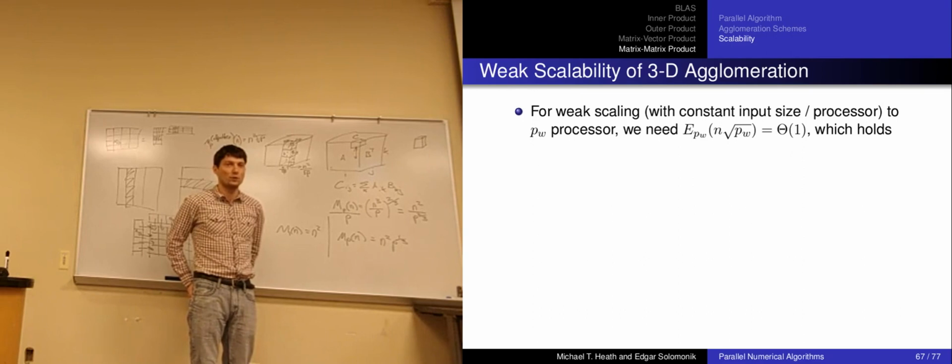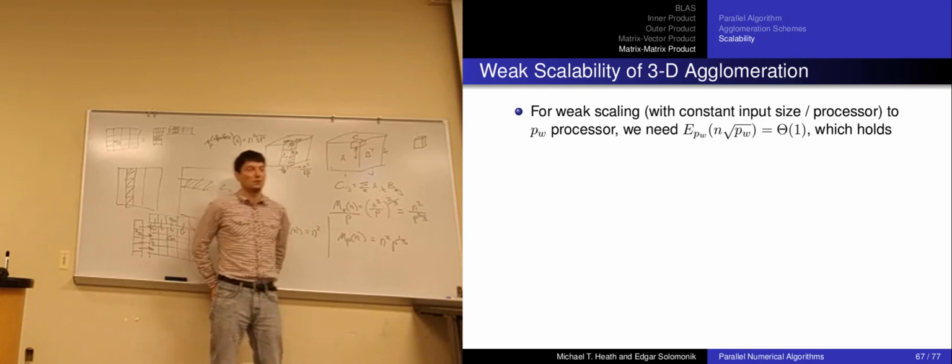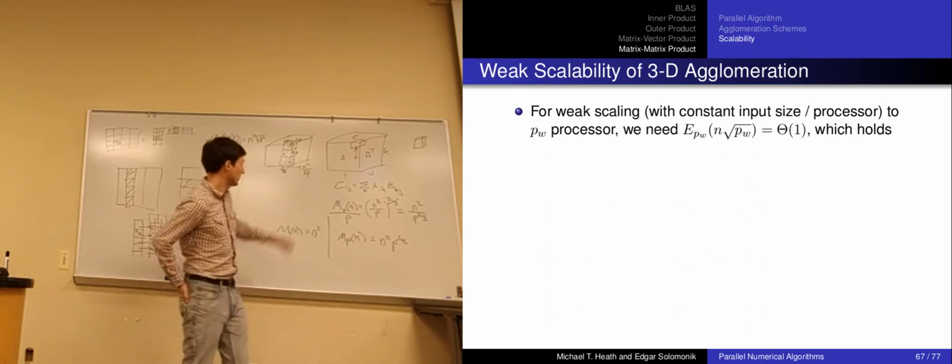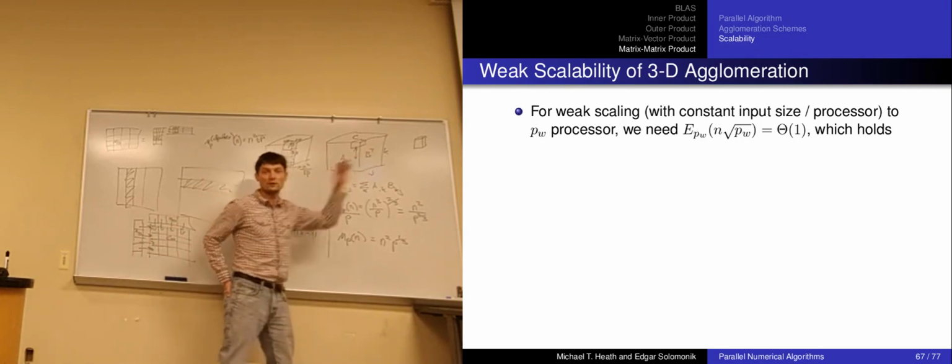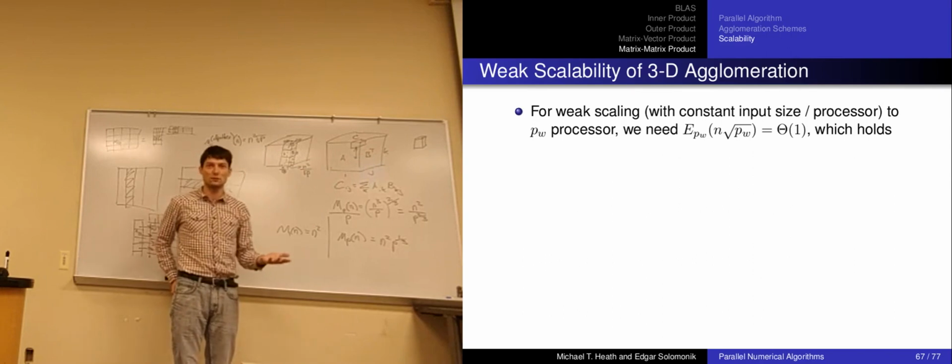But what else would grow in the 3D algorithm as we keep the input size per processor constant? Memory. Yes, the memory footprint per processor will grow because we're doing a larger block on every processor, right? So that larger block has a larger base.